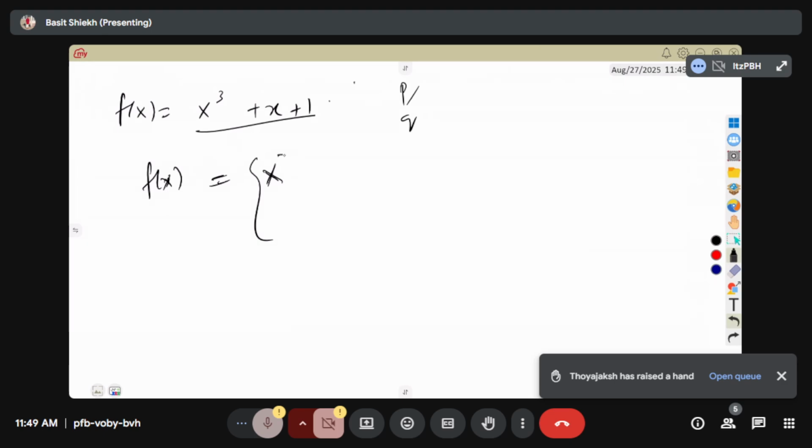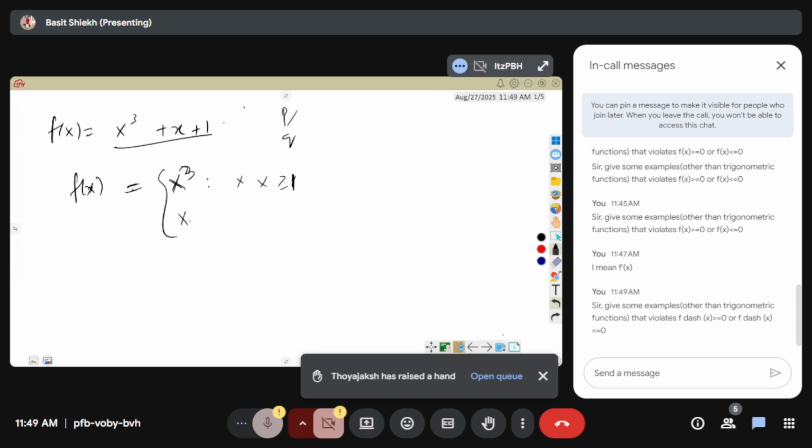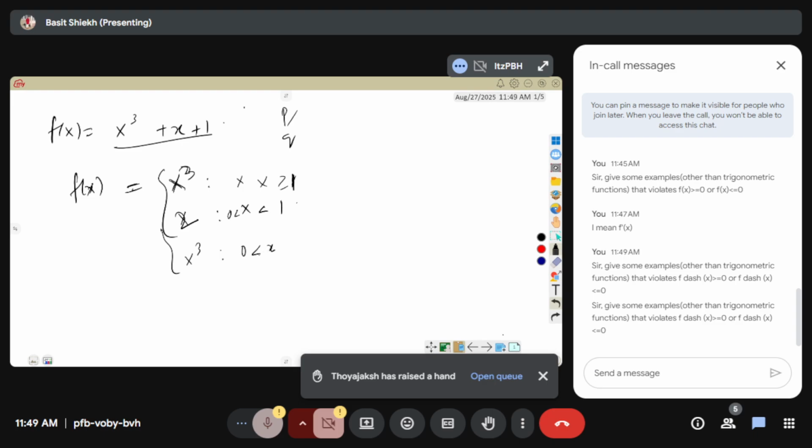Let's say x cube for x greater than or equal to 1, and x square, let's say 2, for 0 less than or equal to x less than 1, and x cube for x less than 0.